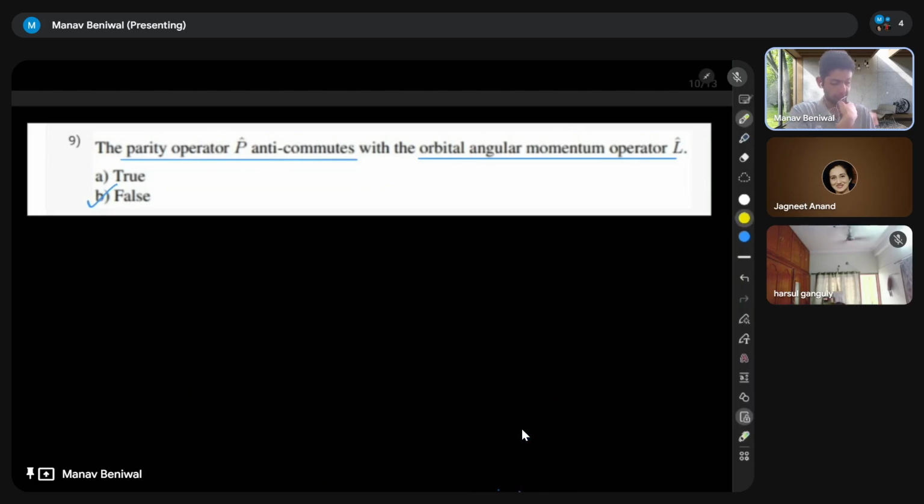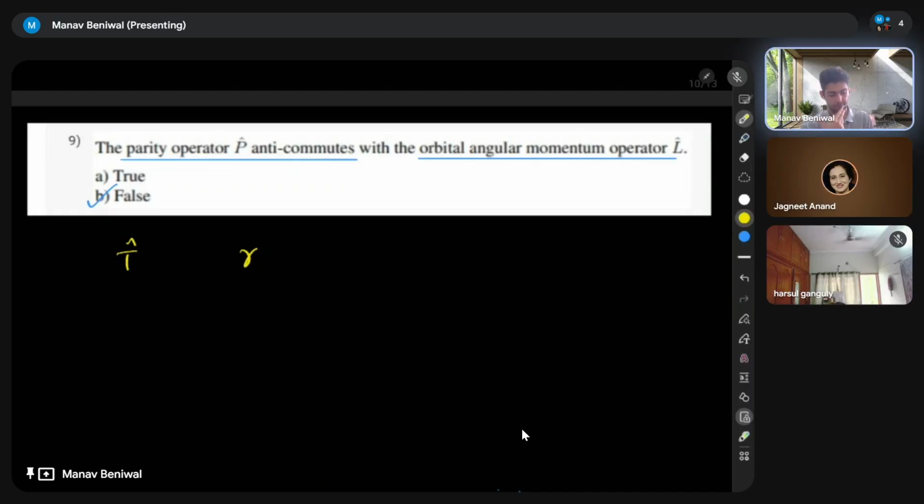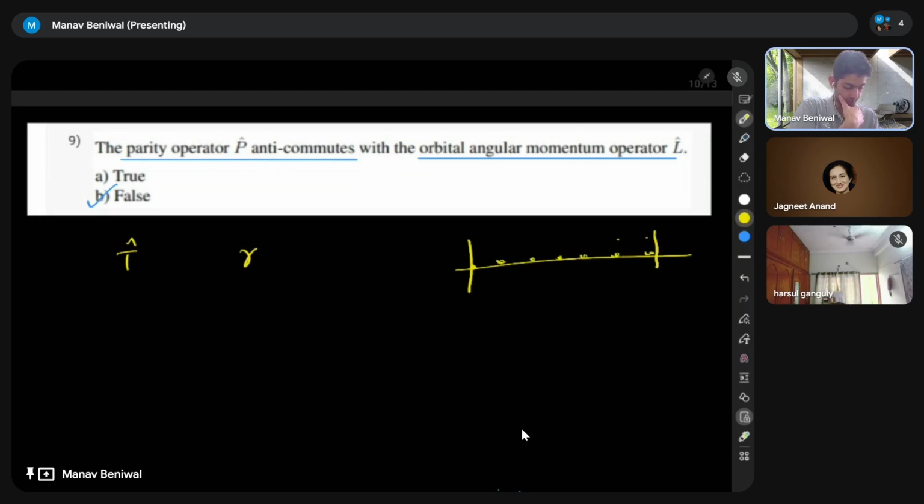So let's say instead of parity operator P, we are now considering the time reversal T. What will happen under time reversal? As we discussed, it's easiest to imagine that something is traveling and we record and then we rewind, right? So this is going like this. What we'll see is that now it is going like this.